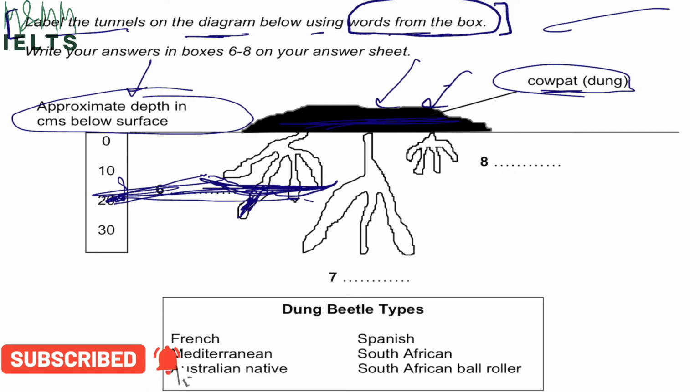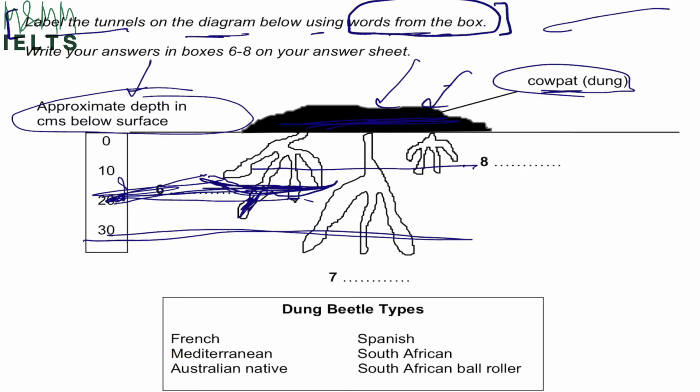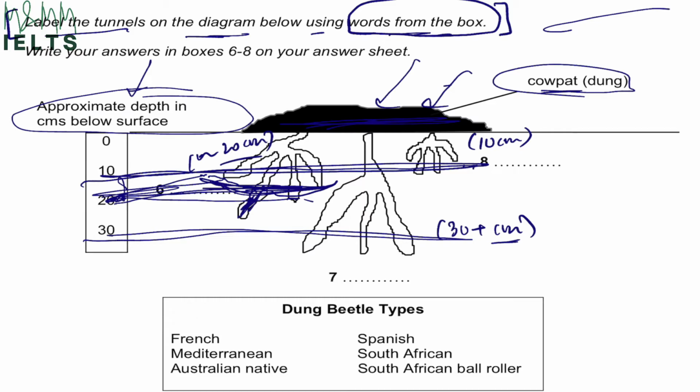For this one, it's even exceeding 30, as you can see over here. And for 8th, it's normally about 10. So this is one thing that I can keep in my mind: 8th is almost about 10 centimeter, 7th is 30 plus centimeter, and 6th is roughly about, give and take, 20 centimeter.